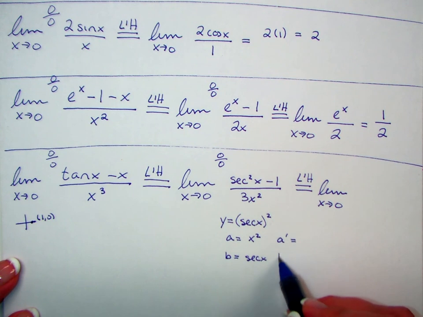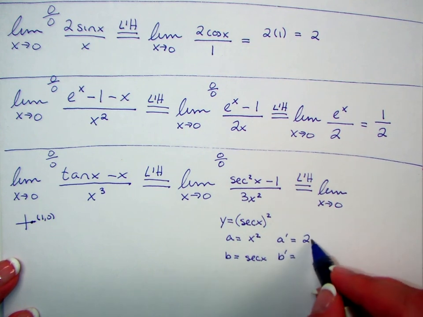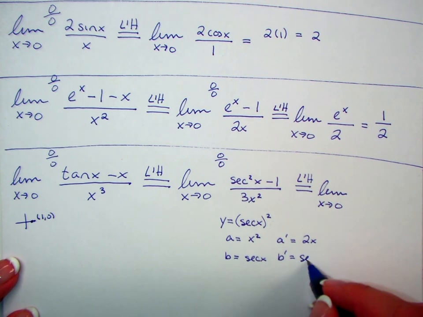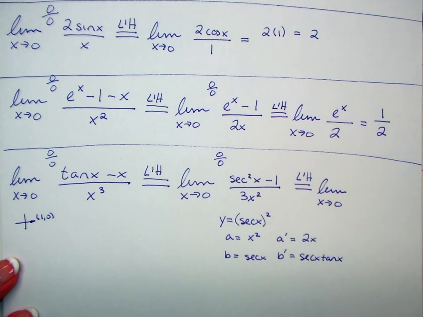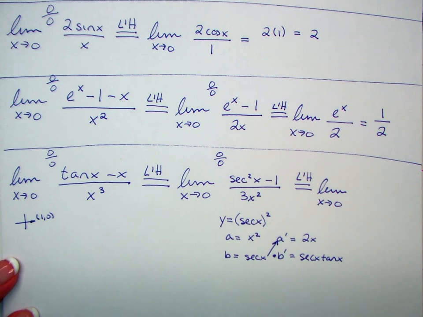Take the derivative of the outside and the derivative of the inside. The derivative of the outside is 2x. The derivative of secant x is secant x tan x. And so to use the chain rule, we're going to plug b into a prime and multiply times b prime.